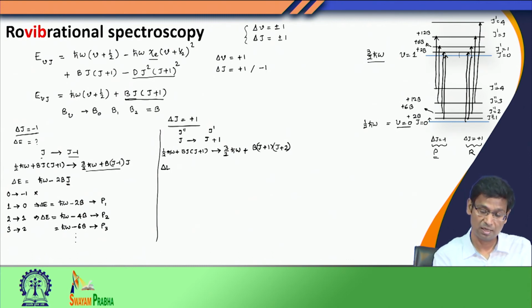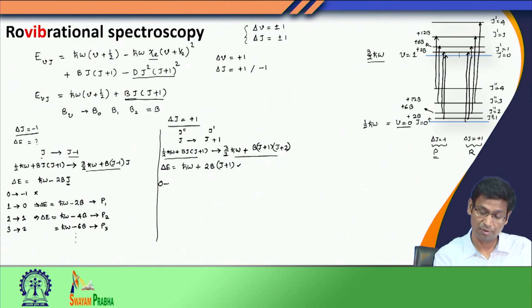When we calculate the delta E, you would find that this delta E comes out to be h bar omega plus 2 b into j plus 1. When you take the difference of this energy level and this energy level, you get this delta E. Now, let us see a few transitions.